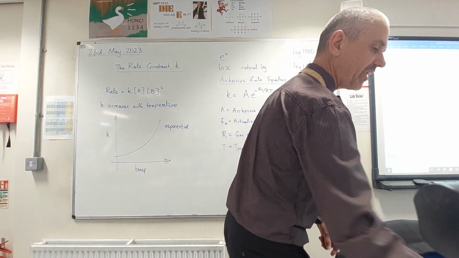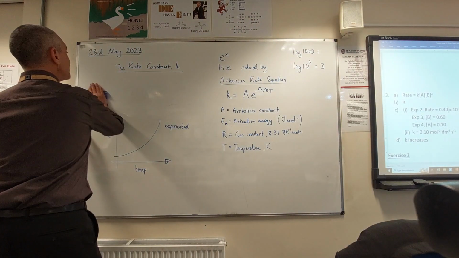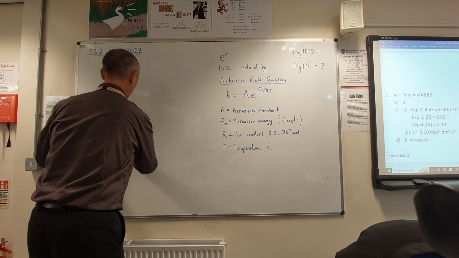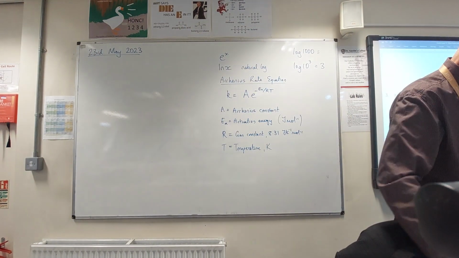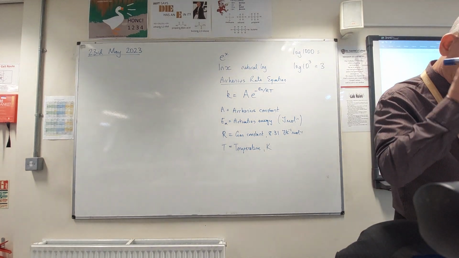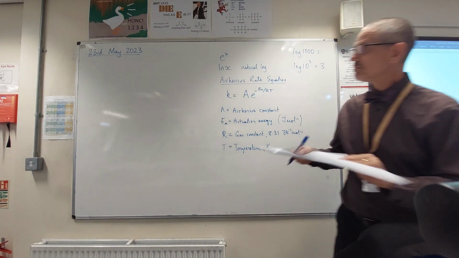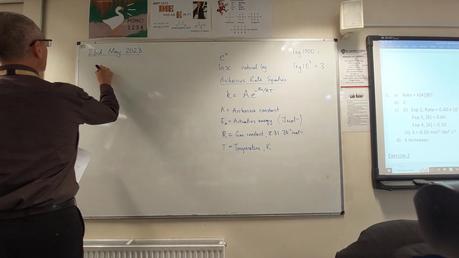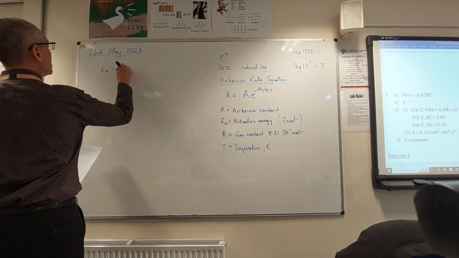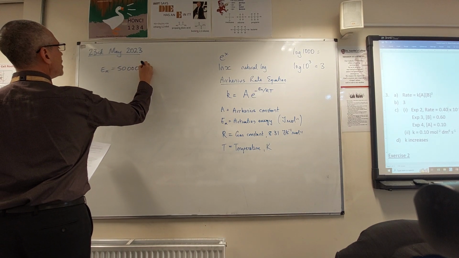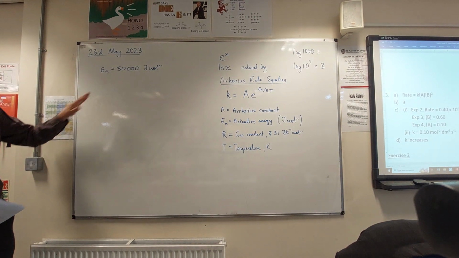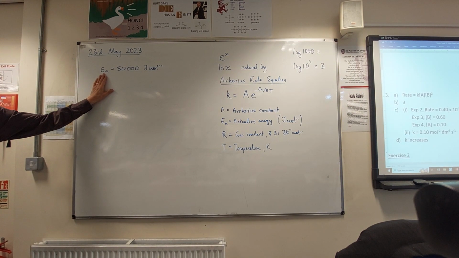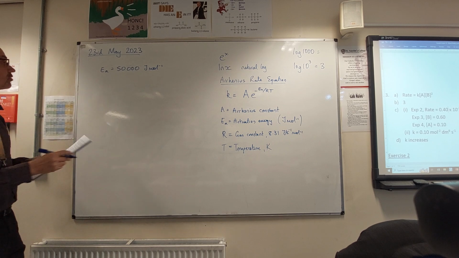Right, let's just do a little exercise based on that then. I'll just grab some numbers. We'll give you that in joules per mole. So activation energy is going to be 50,000 joules per mole.